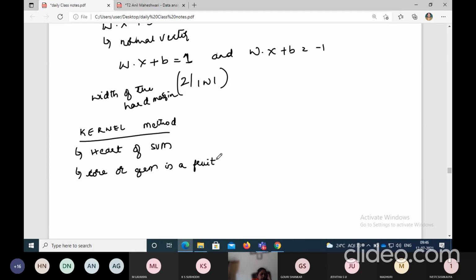Okay, so kernel methods normally operate using what is called the kernel trick.